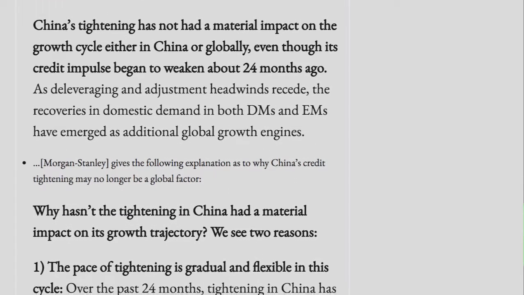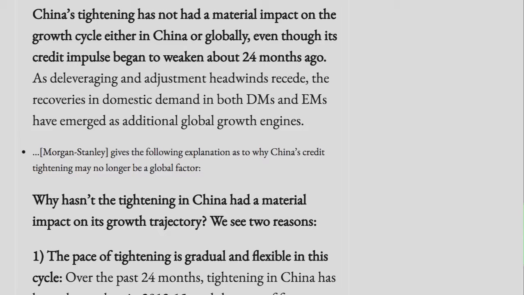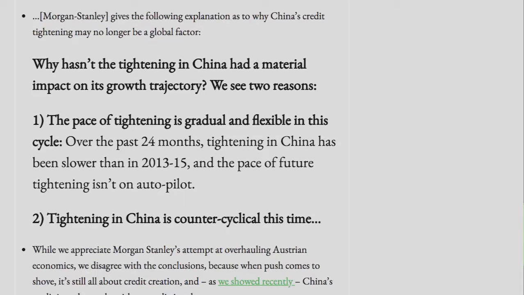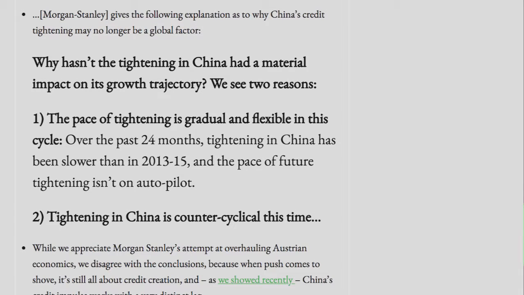China's tightening has not had a material impact on the growth cycle either in China or globally, even though its credit impulse began to weaken about 24 months ago. As deleveraging and adjustment headwinds recede, the recoveries in domestic demand in both DMs and EMs have emerged as additional global growth engines.